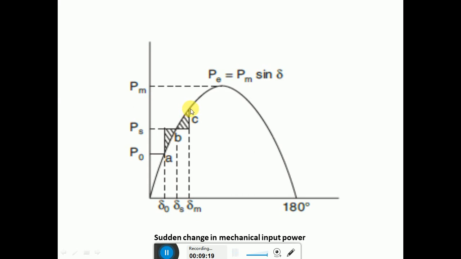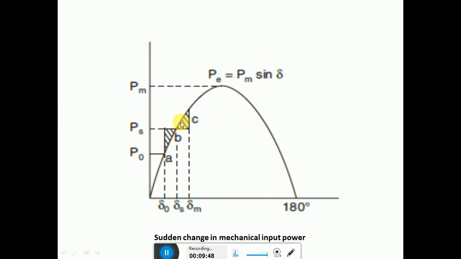Now let's see, once we move from point C to B, how the machine will behave. At point C, the machine will again run at synchronous speed, because at this point it was above synchronous speed and here deacceleration starts, which means speed is reducing.